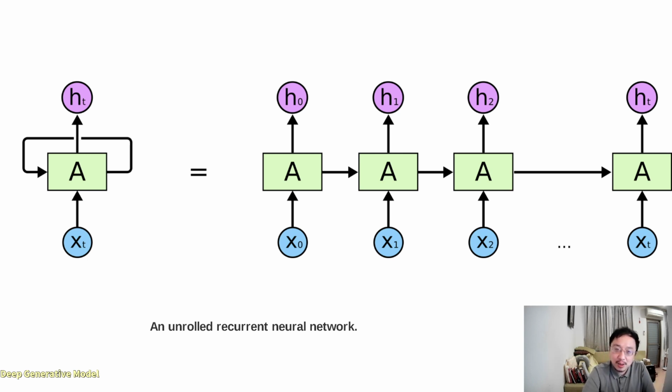A good analogy, if you are familiar with functional programming, is that the usual neural network is like a pure function, and an RNN is like a function with side effects. So you can kind of feel that an RNN is a non-pure function, that is, a function with side effects.